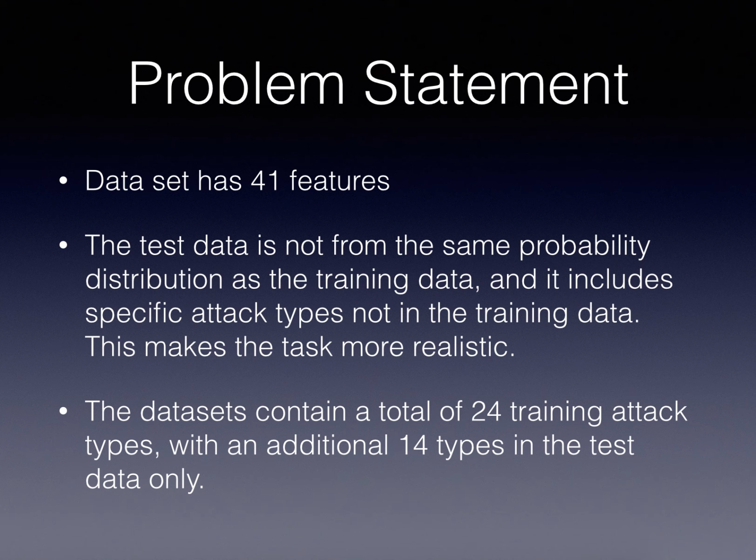This is a very realistic problem that we may meet in real practical problems, and I will show you the details of how to solve this. In detail, the dataset has 24 training attack types, and there are an additional 14 types in the test dataset that are not contained in the training data.